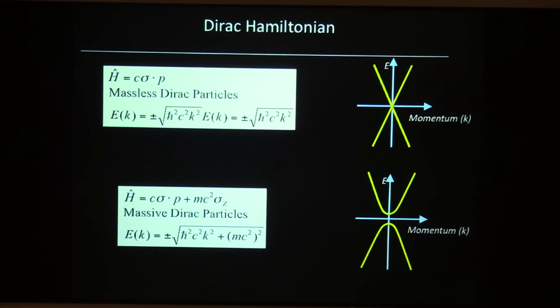If you were to add a mass to this kind of system, then you could simply solve for the dispersion, and this is what you get for a massive Dirac system. And I'll show you in our 3D topological crystalline insulators, we can realize both of these scenarios. Okay? So the difference between a massive and a massless Dirac system is that very close to the Dirac point, you develop a gap, but at higher energies, the dispersion still remains linear.